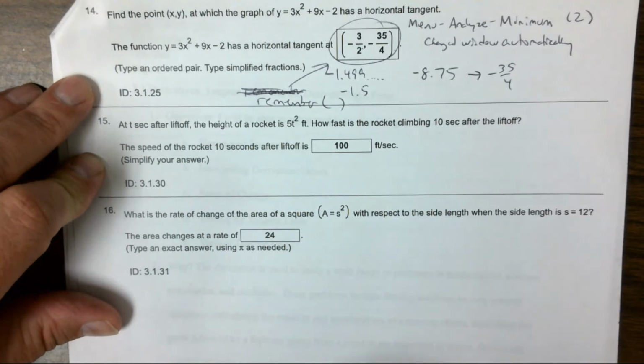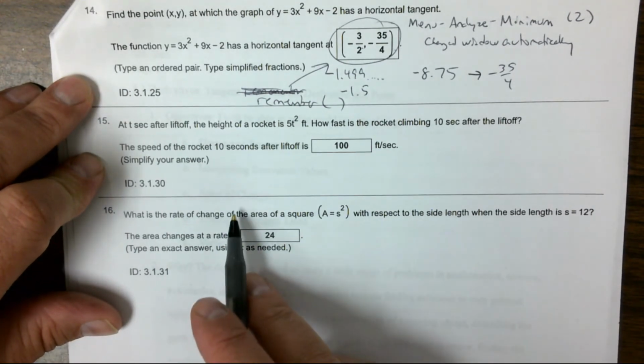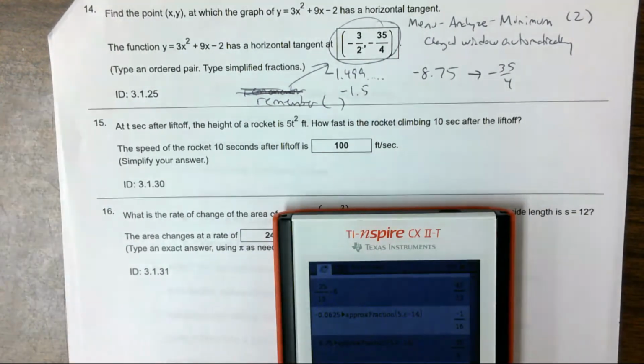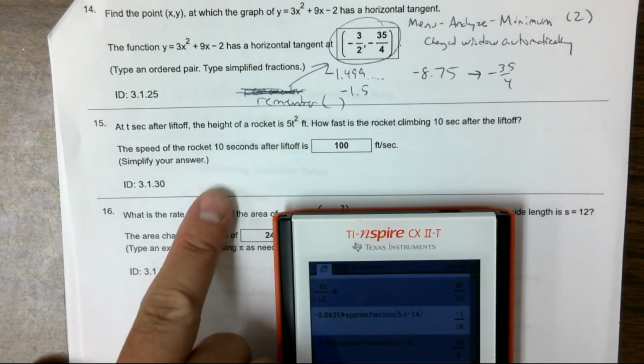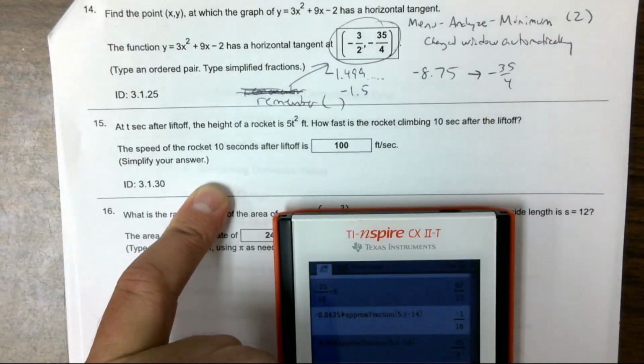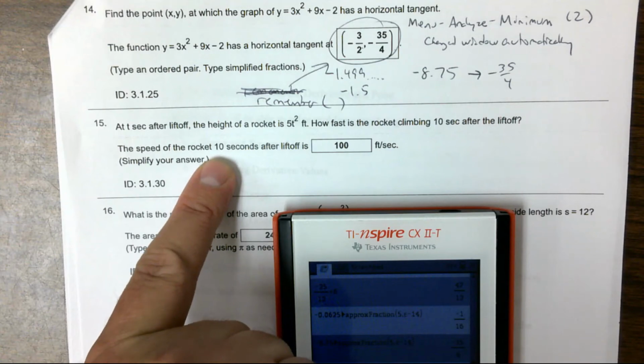Okay, so then let's do it on number 15. At t seconds after liftoff, the height of a rocket is 5t squared. How fast is it climbing 10 seconds after?